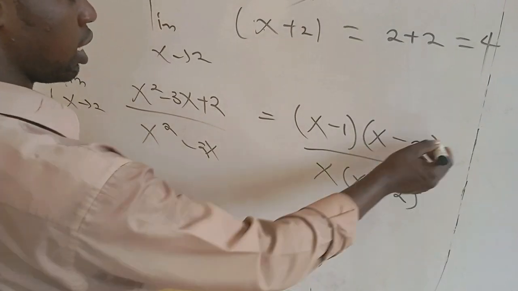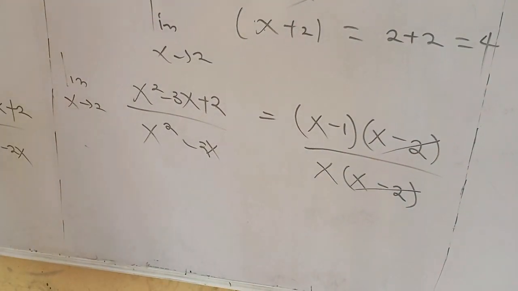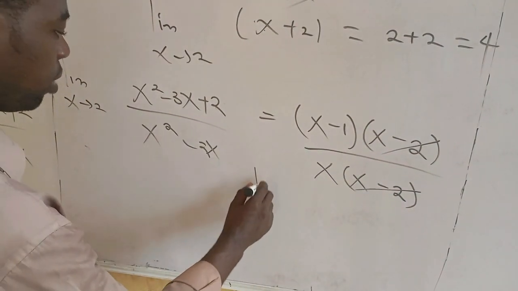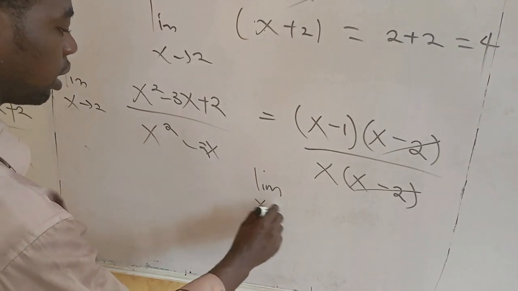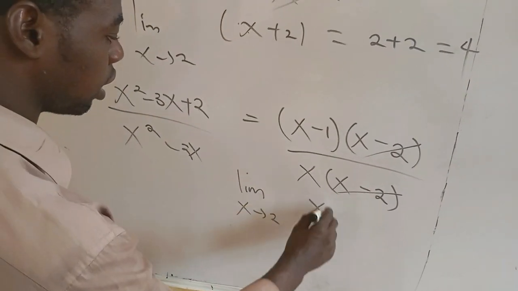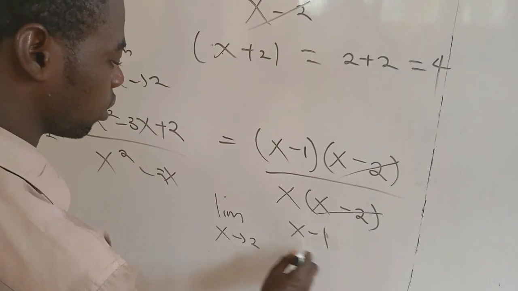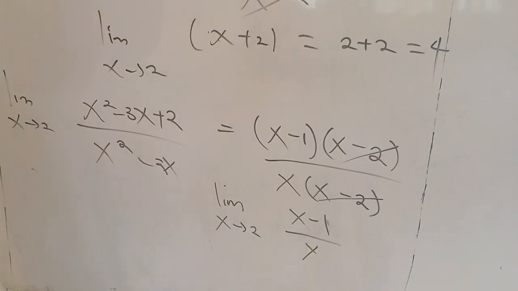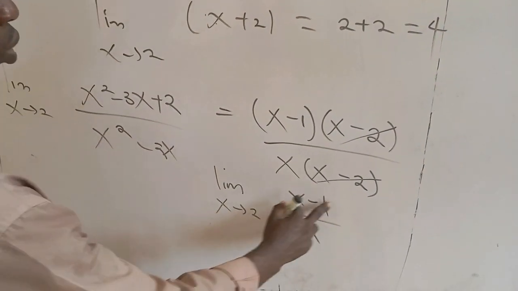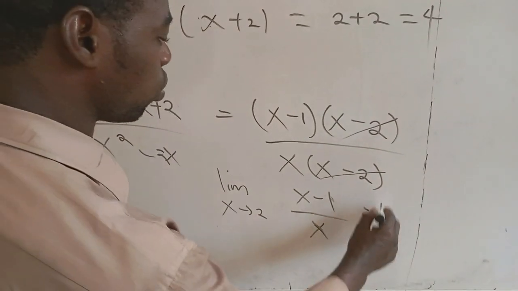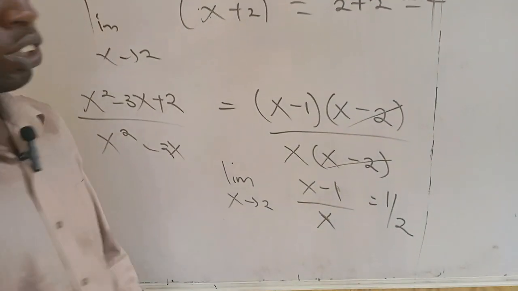So this and this cancel out. So we are left with the limit as x approaches 2 of x minus 1 all over x. So 2 minus 1 is 1, so this is equal to 1 over 2.